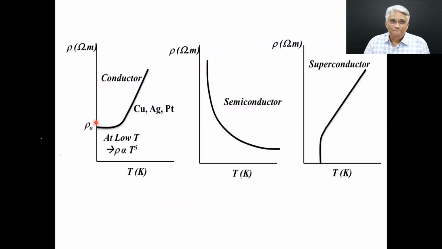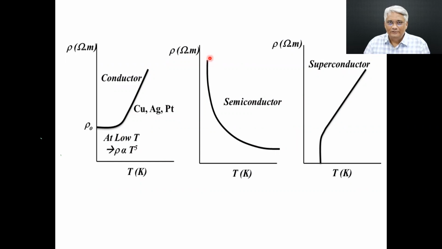So you have a conductor, a typical conductor has almost linear resistivity behavior. It's actually a T-square kind of behavior, and the resistivity goes as T power 5 at low temperatures.